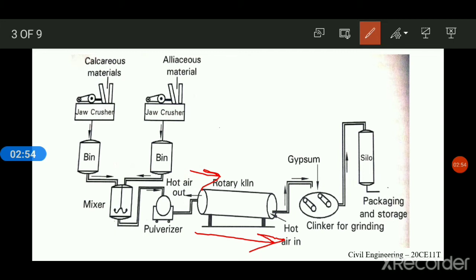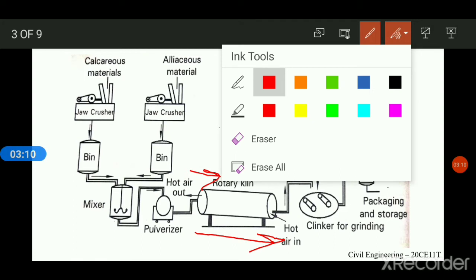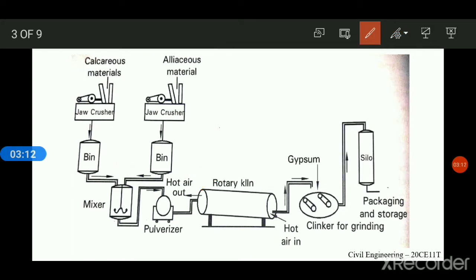As it gradually descends, the temperature rises. In the upper part, the water or moisture in the material is evaporated at 400 degrees Celsius temperature, so it is known as the drying zone.